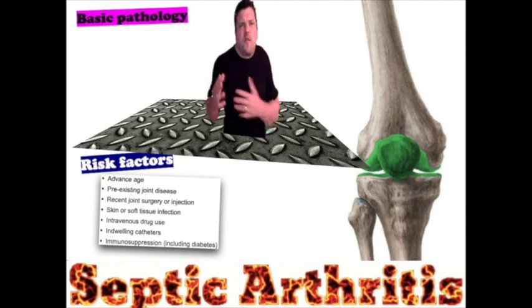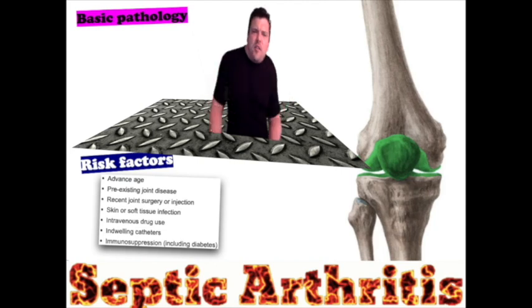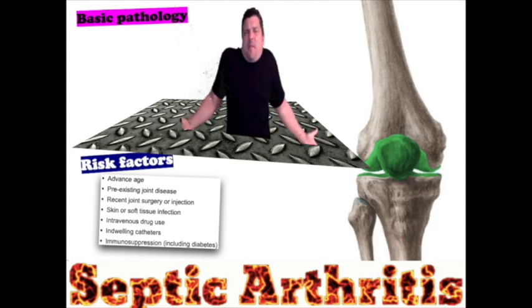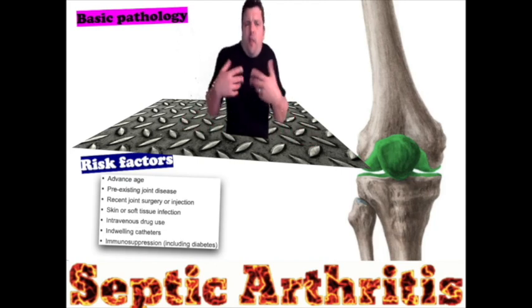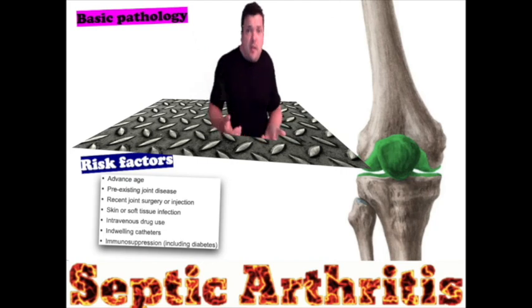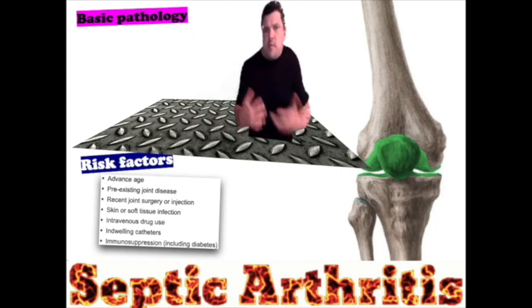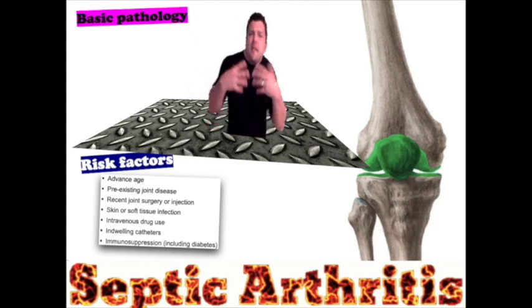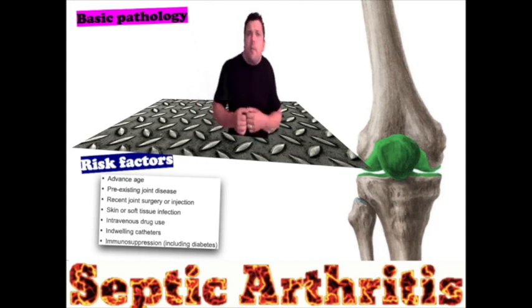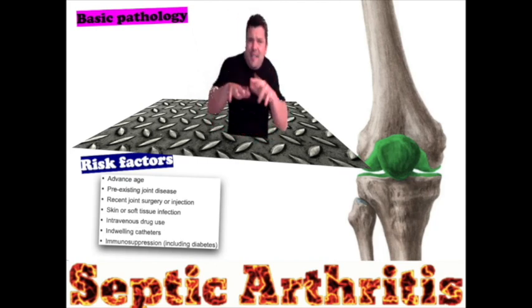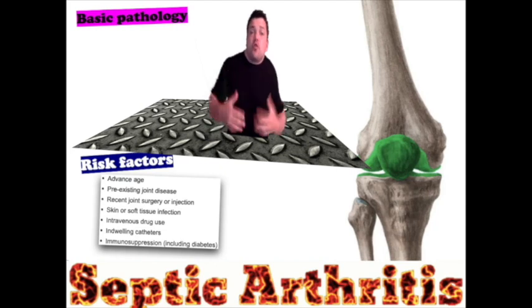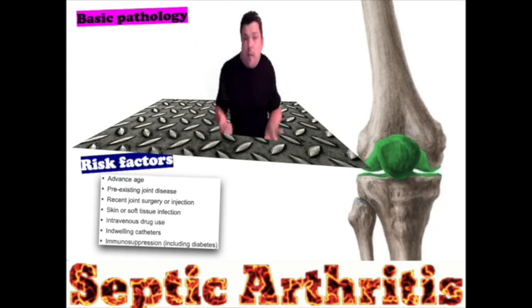The basic pathology for septic arthritis is fairly straightforward. I didn't even bother typing it out. You have arthritis, which is inflammation of a joint, and then you have sepsis, which is indicative of an infection of some type. Septic arthritis is most commonly bacterial in origin. The bacteria typically seed into the joint from the bloodstream, though this can be a post-operative thing too.